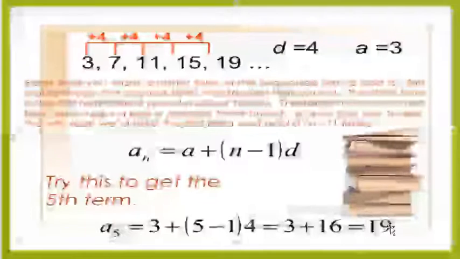That means the fifth term is 19. In this way we can find many terms by using this formula.